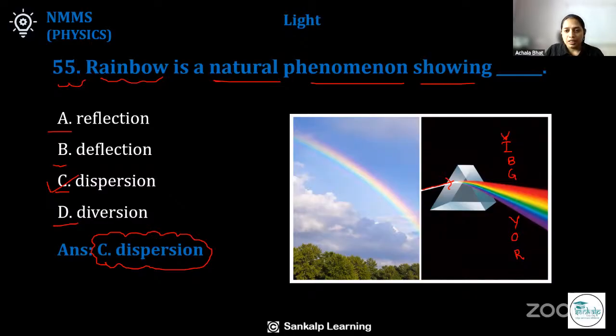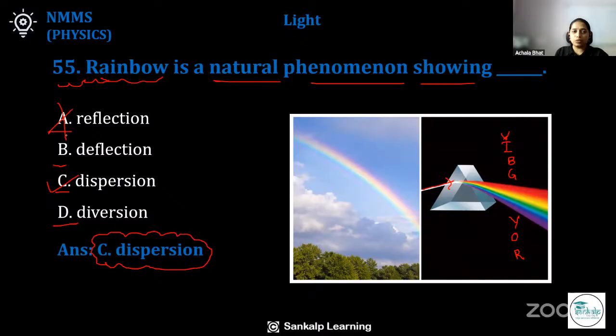Now, see here, rainbow is a natural phenomenon showing dispersion. White sunlight splits into 7 VIBGYOR colors. This is called rainbow. Here, the raindrop acts like a prism. Therefore, the correct option is option C, dispersion.